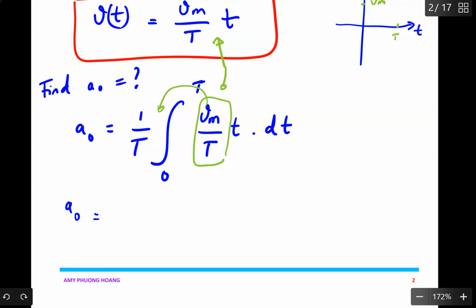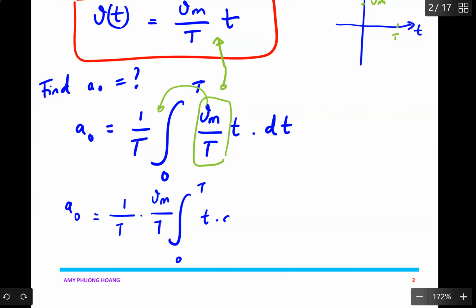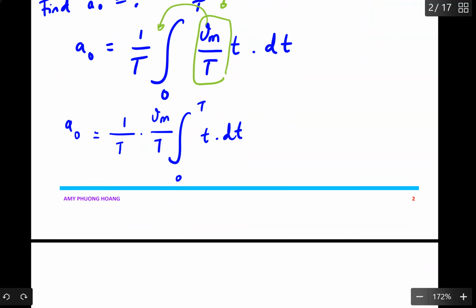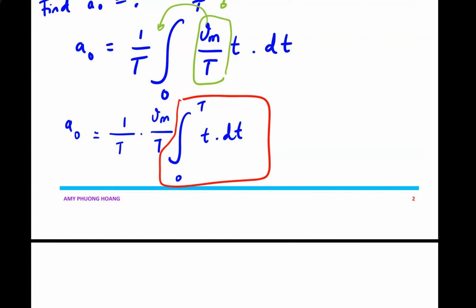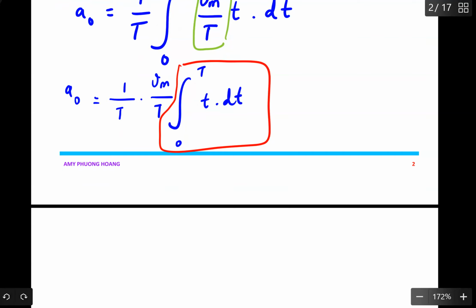So a0 equals 1 over T times Vmax divided by T, integral from 0 to T of t dt. How do we integrate this? Don't forget we are dealing with a definite integral, so we have to apply the fundamental theorem of calculus.